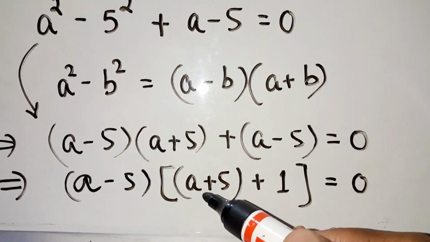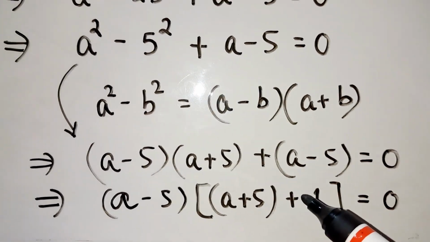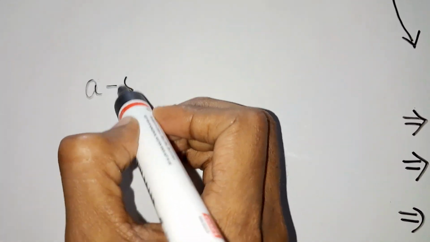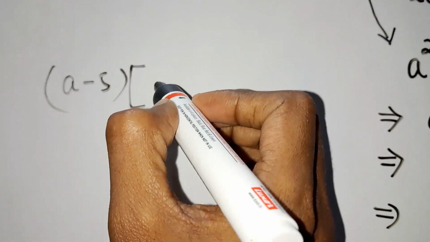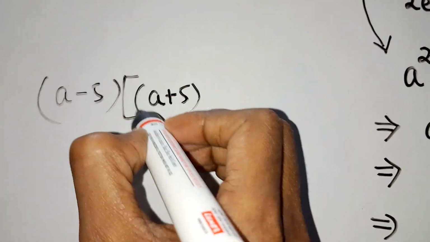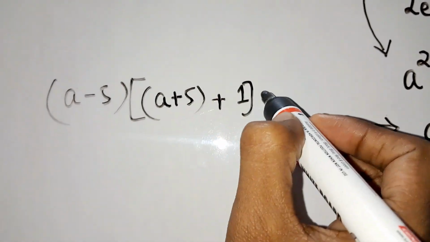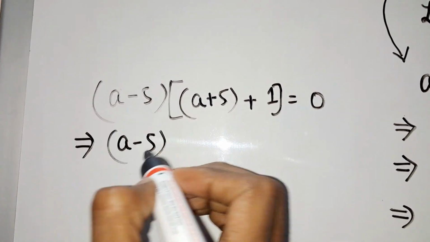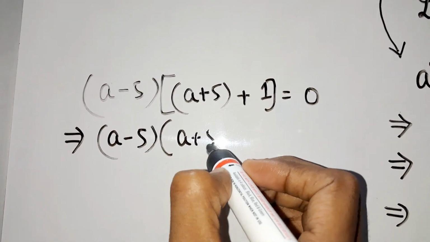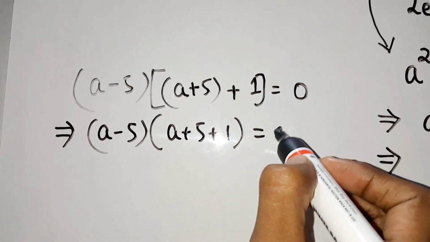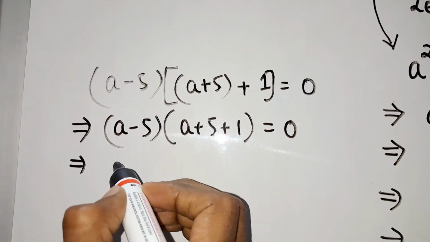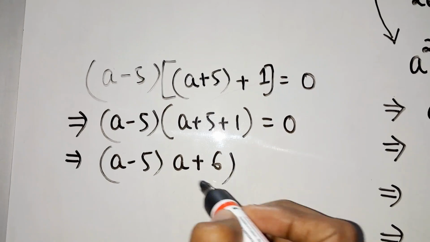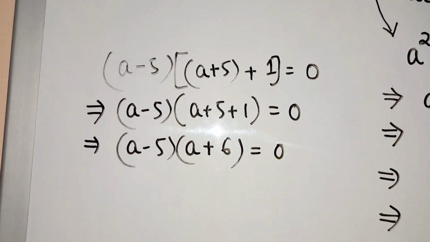Now after taking common, we can simplify it further, so we write it once again here. It is a minus 5 multiplied by a plus 5 plus 1 equals to 0, and a little bit more simplification: a plus 5 plus 1 equals to 6, from which we can write a minus 5 multiplied by a plus 6 equals to 0.